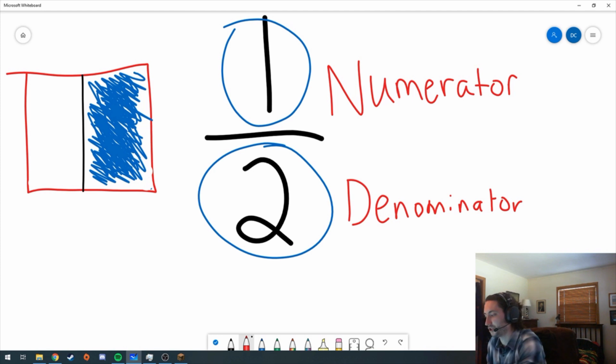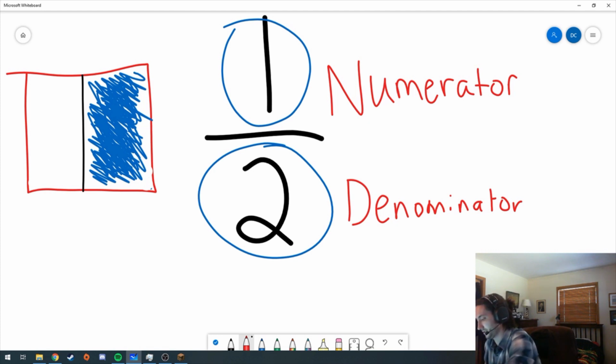In the case of this shape, we are only counting one of the 2 pieces. That's the one that's shaded in. So that's why this fraction represents the shaded in area of this shape. It is 1 out of the 2 equal parts, or 1/2.